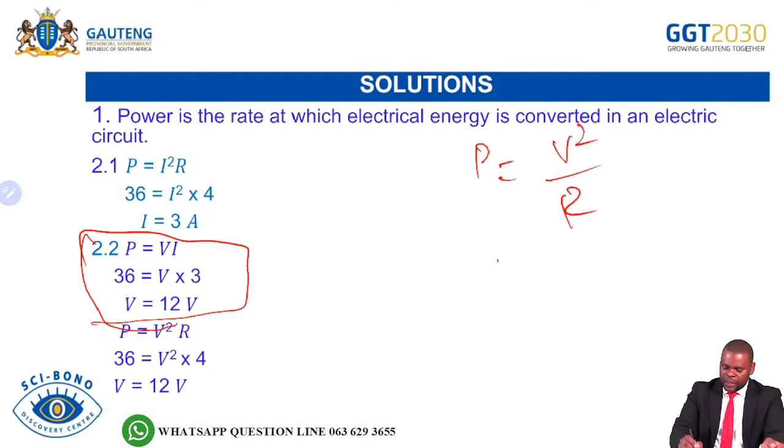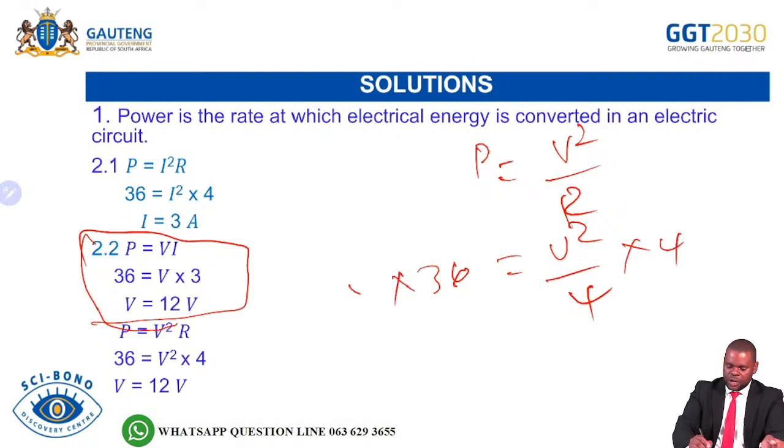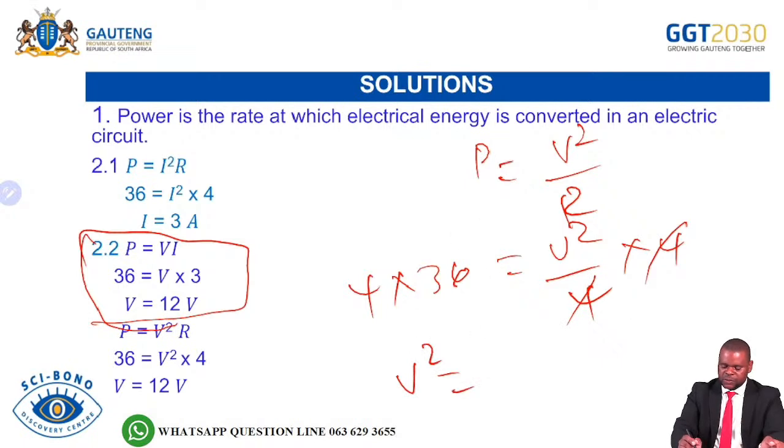How would you get? Then from there, we're saying 36 equals V squared divided by 4. Then we multiply by 4 on this side. Then this cancels this. We have V squared is equals to 36 multiplied by 4, which is 144.